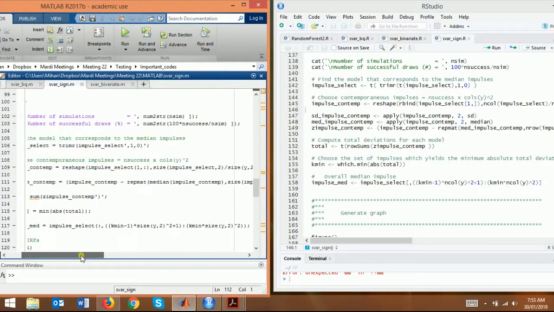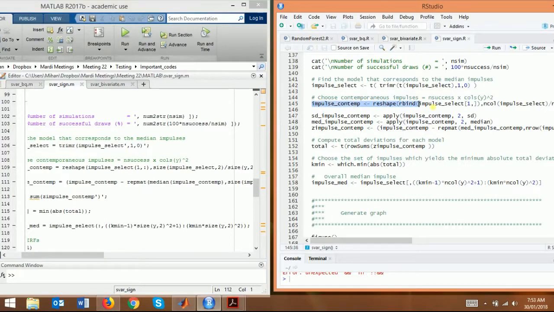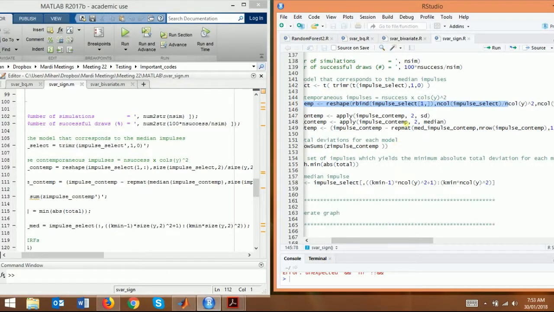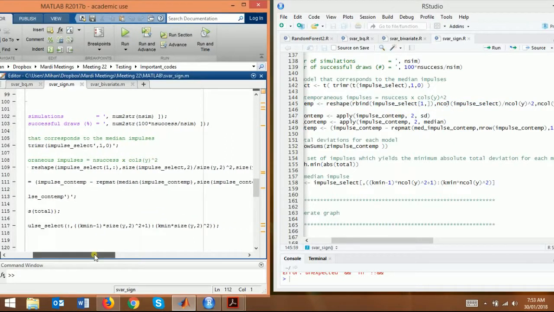Here the median and standard deviation is done in a very bad way. We'll probably not do that. Z impulse. The fact is, you don't actually need to do anything that is mentioned here. You could just find this, which is reshaping our impulse select matrix, taking only the first row, bind, right?